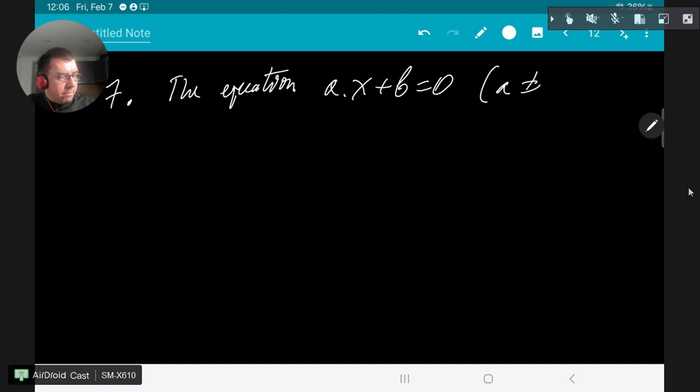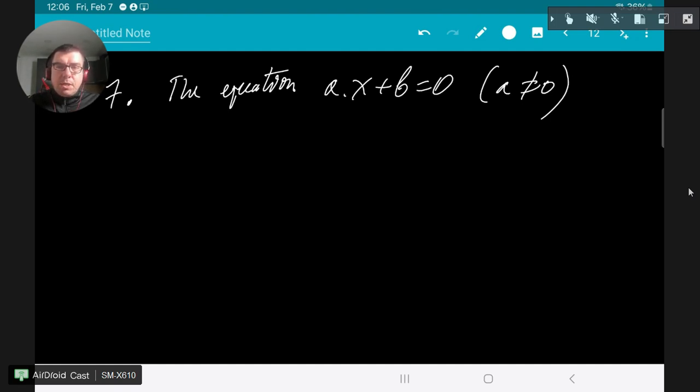The equation a times x plus b equals 0, a different from 0. This is what later will be called a linear equation, but for now we're not going to call it that, because linear equation implies certain knowledge about a linear function which we don't have yet.